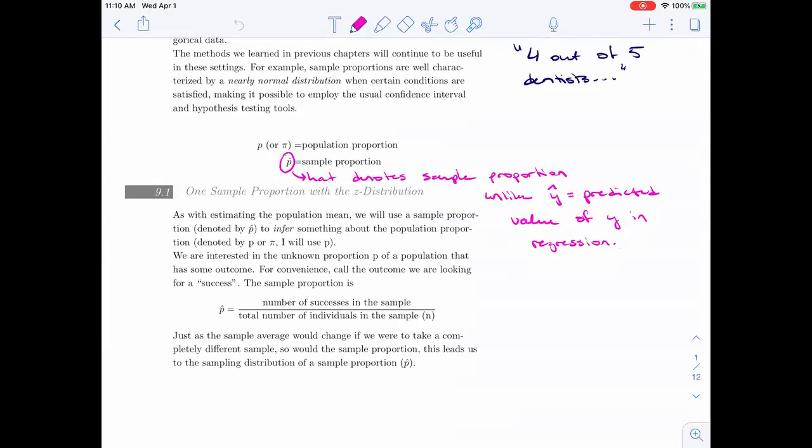So here, this is one time we don't use Greek letters for the population parameter.